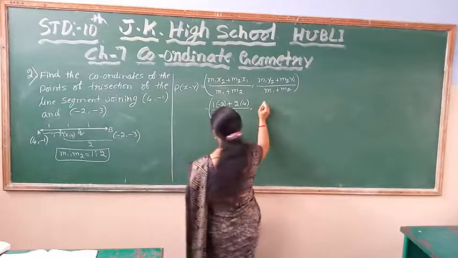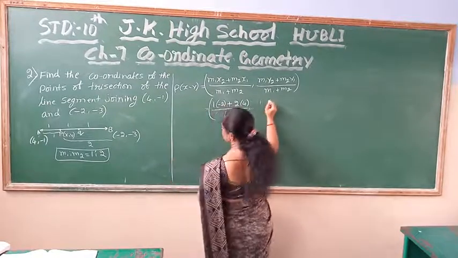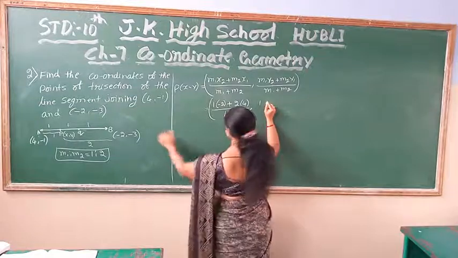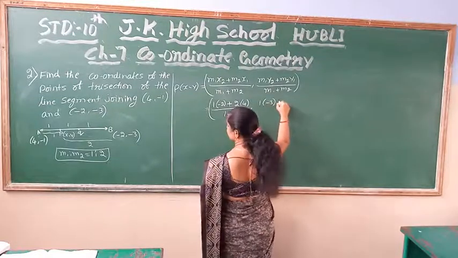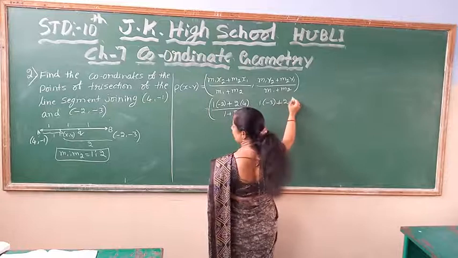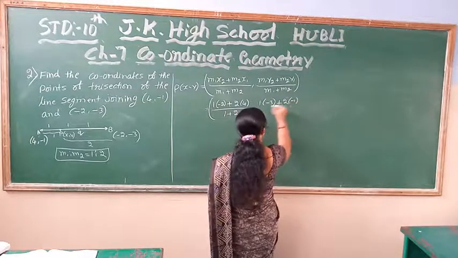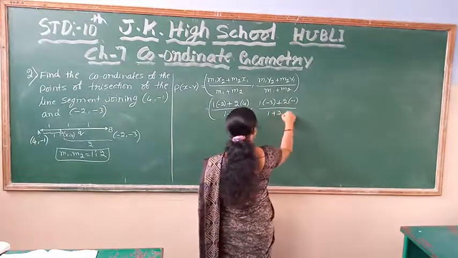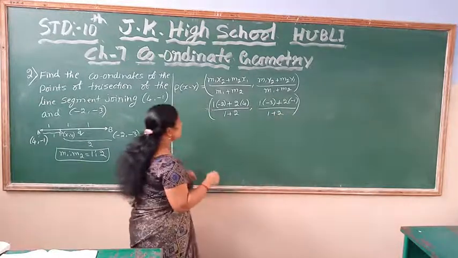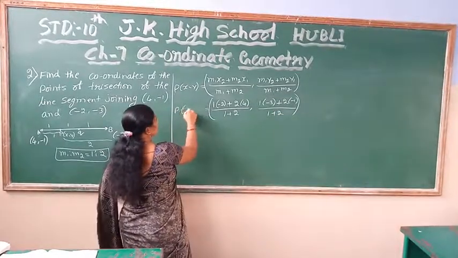In this manner, I substitute m1 is 1, y2 is minus 3, m2 is 2, y1 is minus 1. Substitute and simplify, and you are going to get the coordinates of the point P.